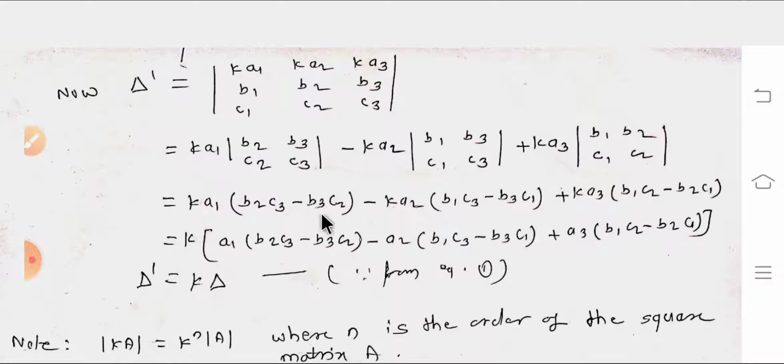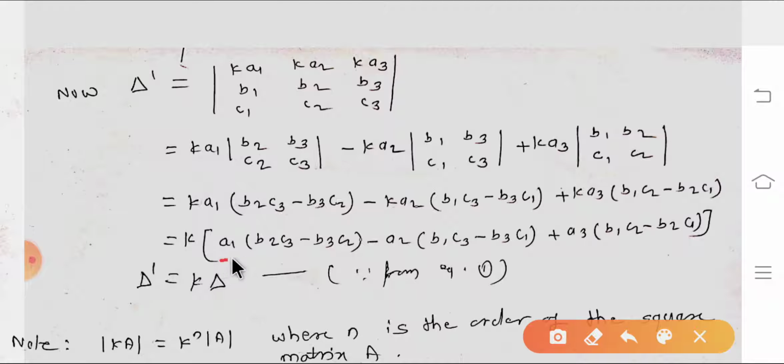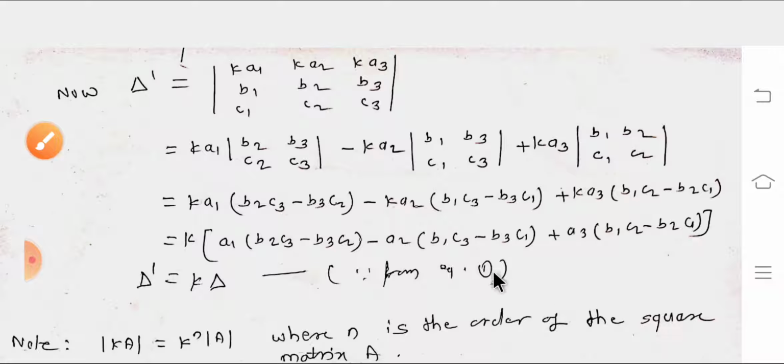Throughout all these three terms we take k common outside, that is k into bracket a1 into bracket b2 c3 minus b3 c2 minus a2 into bracket b1 c3 minus b3 c1 plus a3 into bracket b1 c2 minus b2 c1, and this expansion is nothing but delta from equation 1. So delta dash equals k into delta, hence the proof.